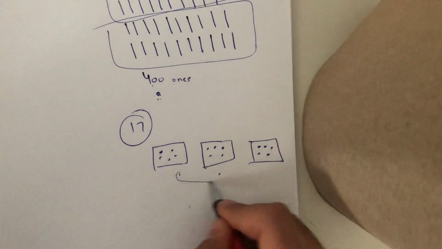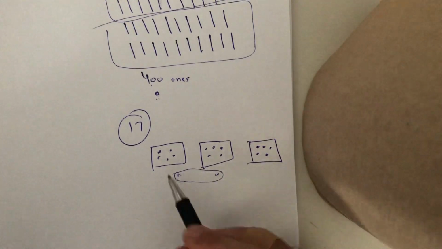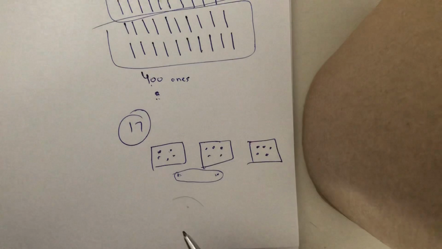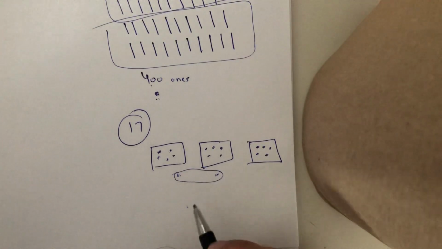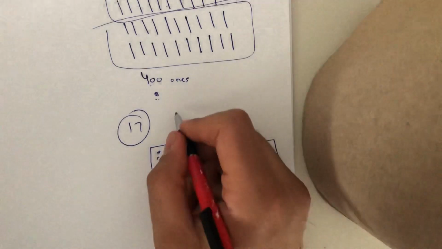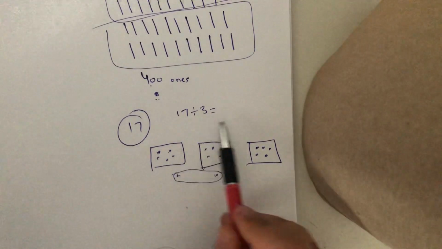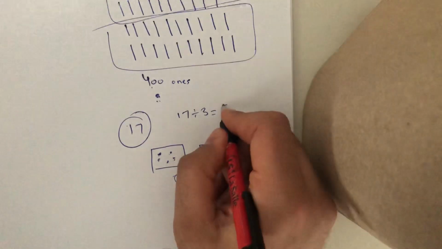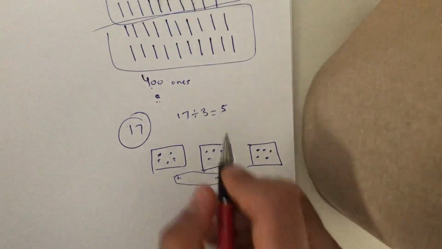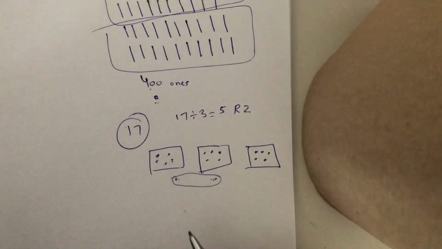Now I got 2 more extra students that cannot fit into any of these groups because it won't be fair for the other group. So what do we call these extra students? We call them the remainders. So what is 17 divided by 3? 17 students, 3 groups equal 5, and remainder 2. So we write R2, remainder 2.